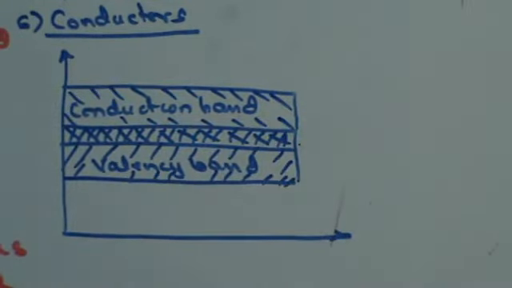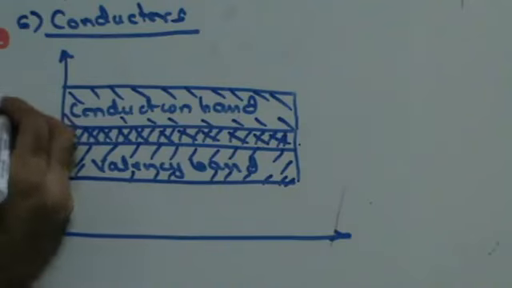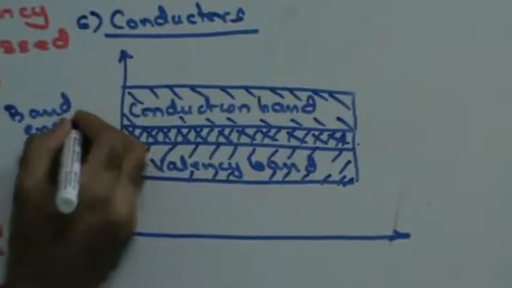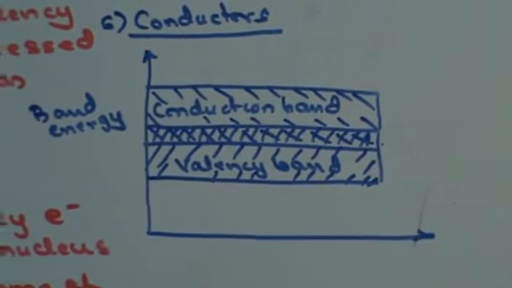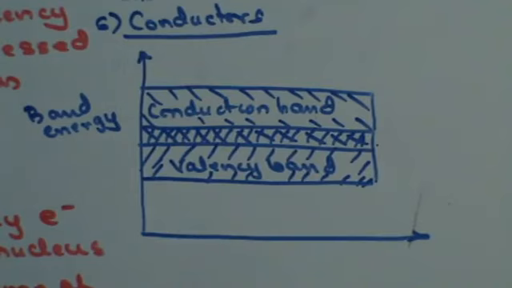Right? So in the case of conductors, these are those substances in which current flows very freely. Now why does the current flow freely in them? Because the valency band and the conduction band overlap each other at 0 degree Kelvin, right?